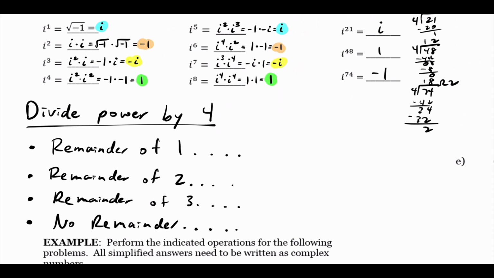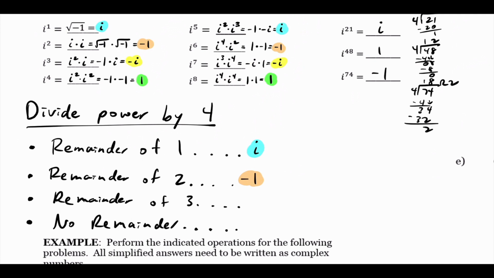So when I divide by 4 and I get a remainder of 1, what is my answer going to be? Yeah, i, blue. When I divide by 4 and I get a remainder of 2, the answer is going to be negative 1, orange.